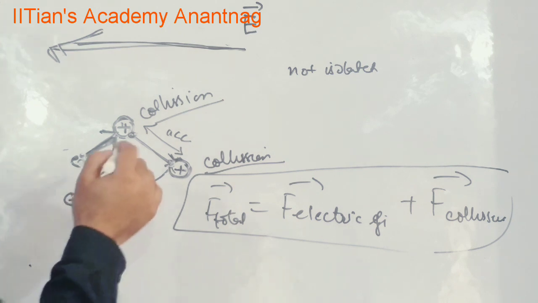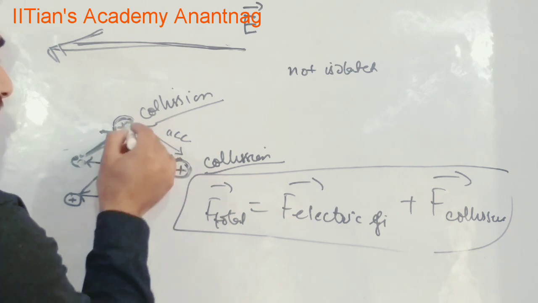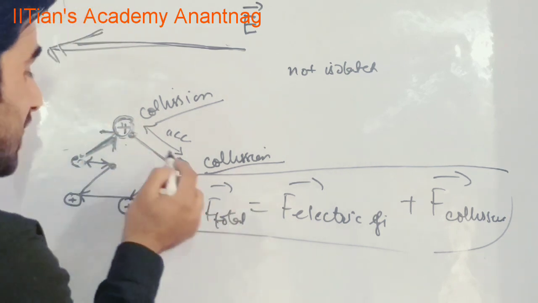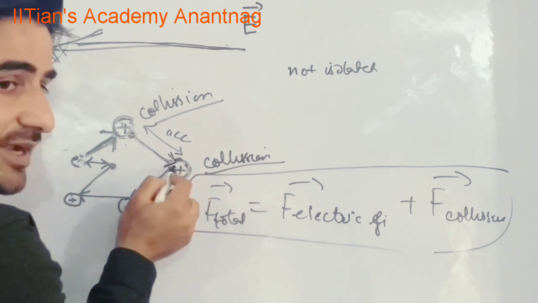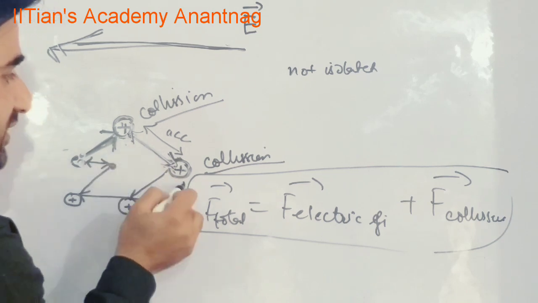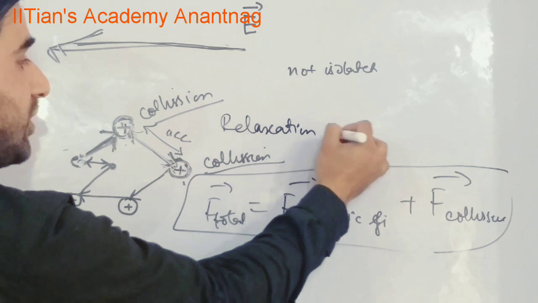Now, if I see two successive collisions, first the electron is colliding with this positive ion. The next collision is happening at this side. So these are the two successive collisions. The time between two successive collisions is called relaxation time. Why is it called relaxation time?